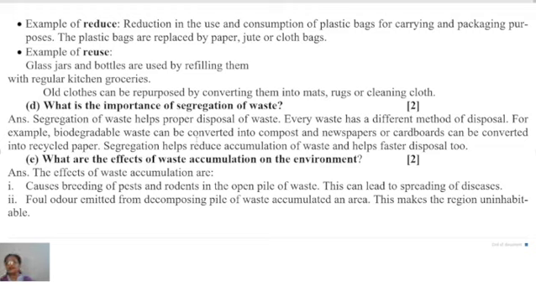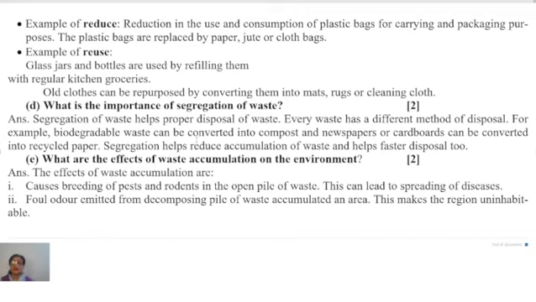Reuse means anything that is now of no use at all, but if we think of it, it can be used in another way. For some other uses we can have it again, right? Like, one example given here is glass jars and bottles.